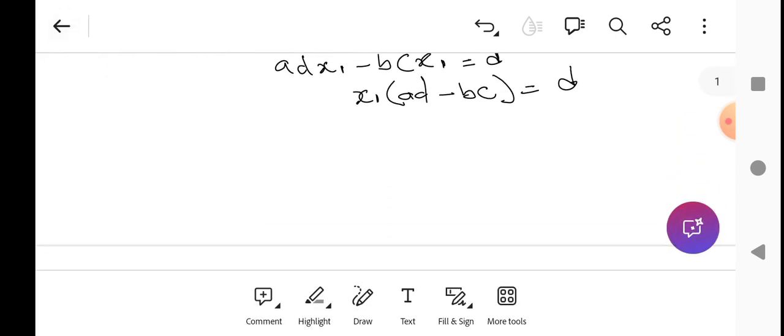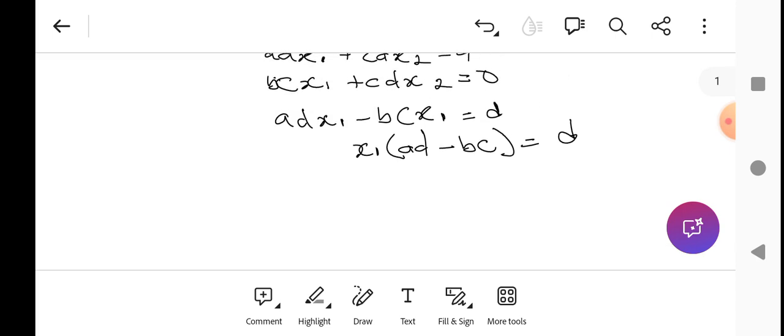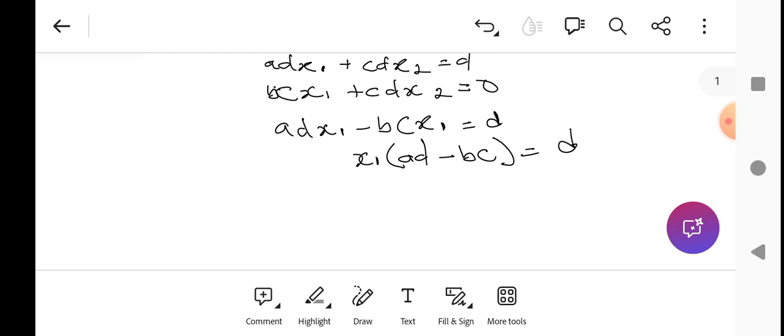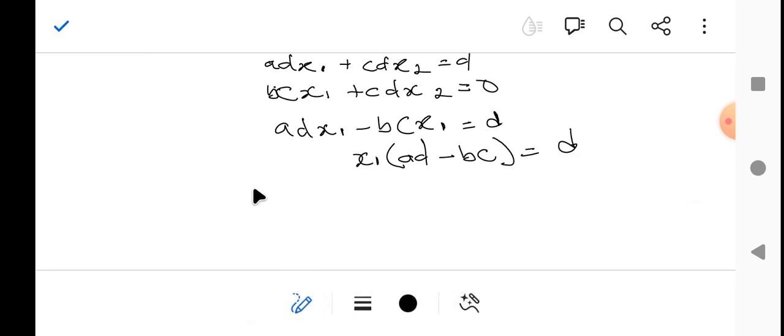Then similarly we have gotten that for x1, right? So if we're getting that for x1, then what is x2 going to be? If it is x2 we want to get, how can we do that? X2 is very straightforward, right? We're going to get x2 in terms of taking this and this.